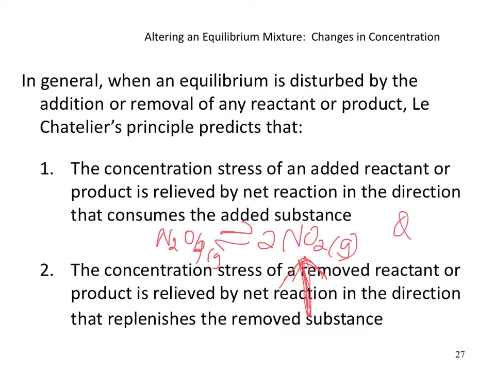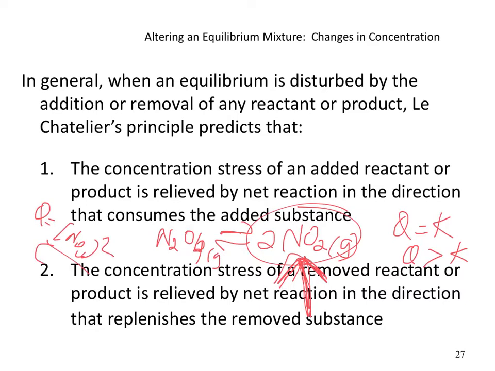When it was in equilibrium, you know that the reaction quotient is going to be equal to the equilibrium constant. And now I added the product. Don't you think by adding the product, I'm basically saying that Q is going to be more than K because the amount of product is going to be more than N2O4, because realize this is how you calculate Q, right? NO2, square of that, over N2O4.